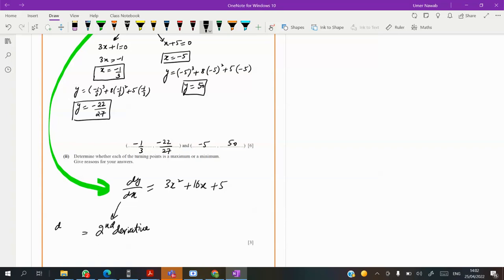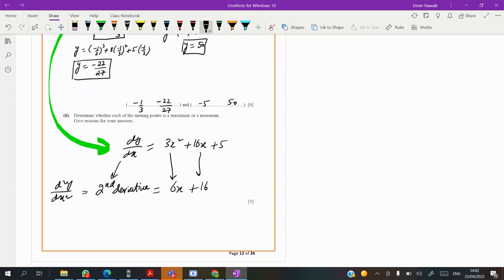You can also write it as d squared y over dx squared. So 6x plus 16. Substitute the points one by one. If x is minus 1 over 3, 6 times minus 1 over 3 plus 16 will give you 14, which is a positive value.